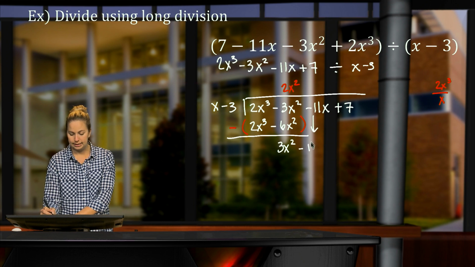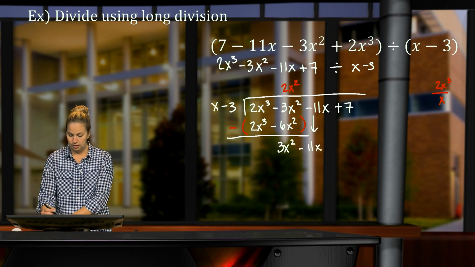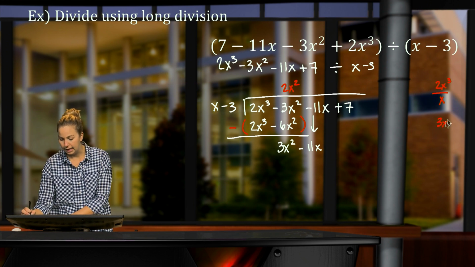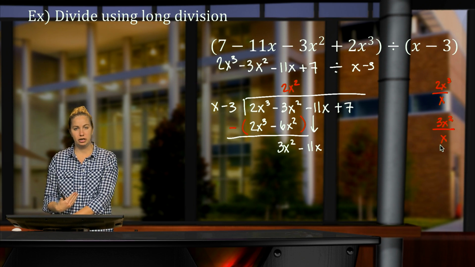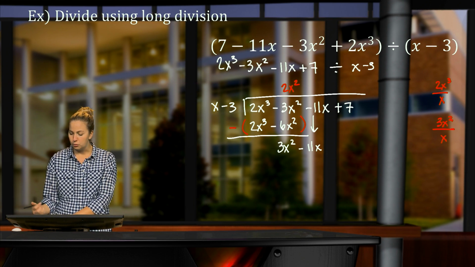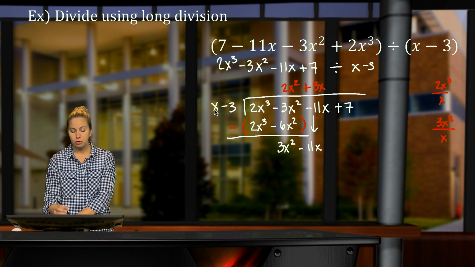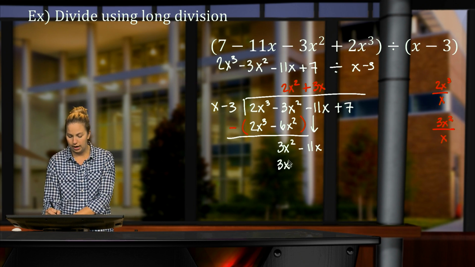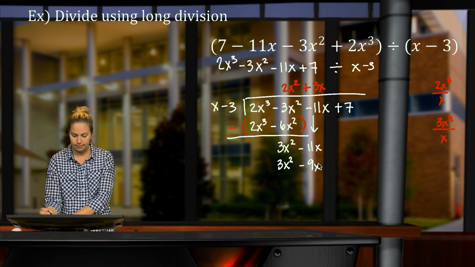We bring down minus 11x and we repeat the same steps. Starting with 3x squared divided by x. Again, I'm going to set that fraction up in my margin just so that I can see the division a little bit easier. 3x squared divided by x is going to be 3x. 3x times x minus 3. 3x times x is 3x squared. 3x times negative 3 is negative 9x.